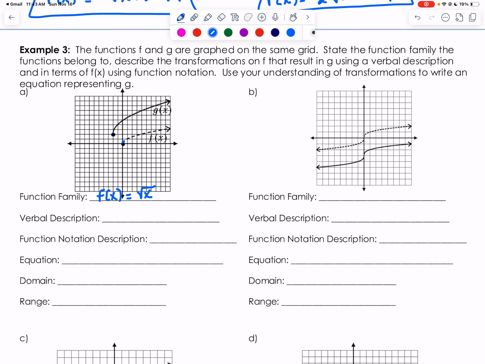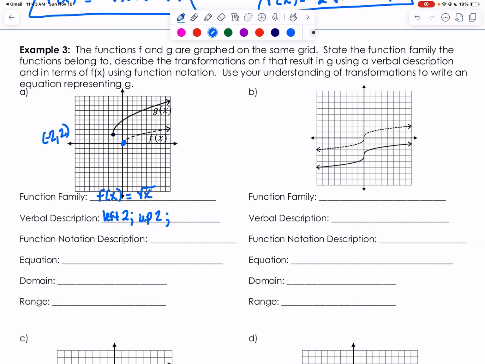So if our original endpoint was at (0, 0), and our new endpoint is at (-2, 2), that means our function shifted left 2 and up 2. The next thing we want to do is check for a stretch or compression.